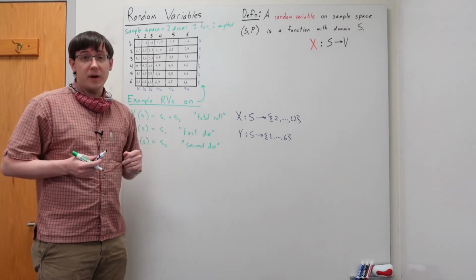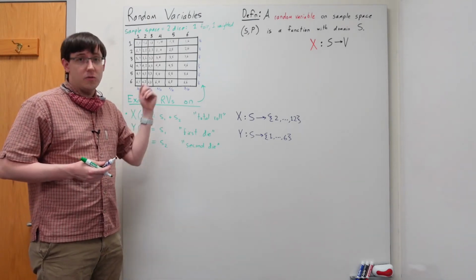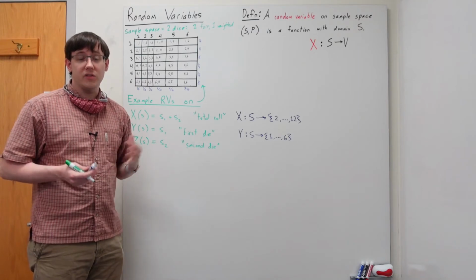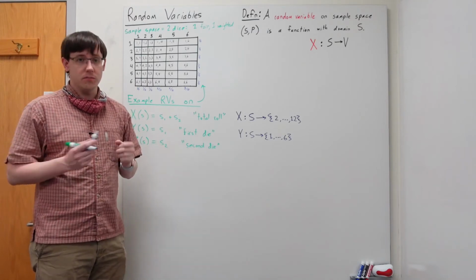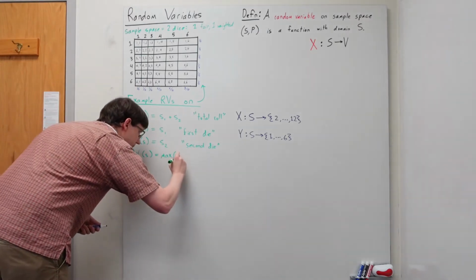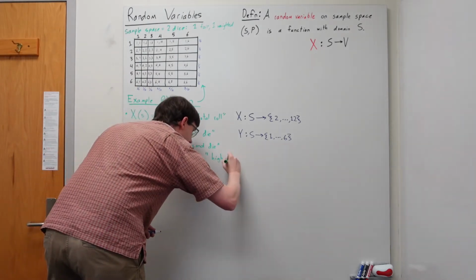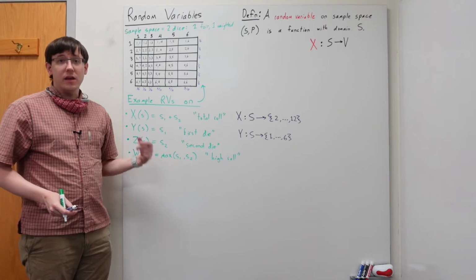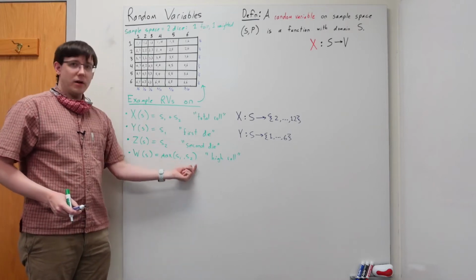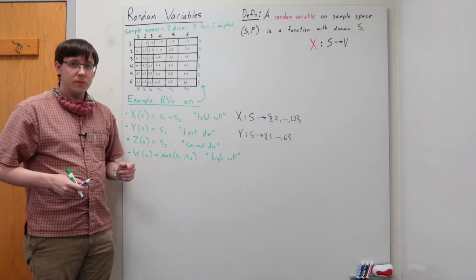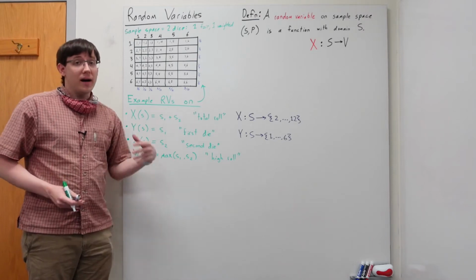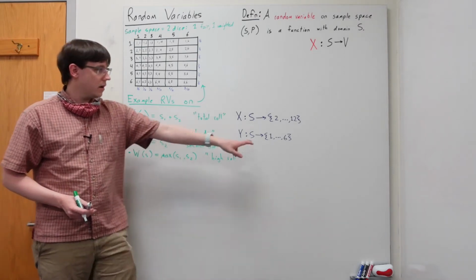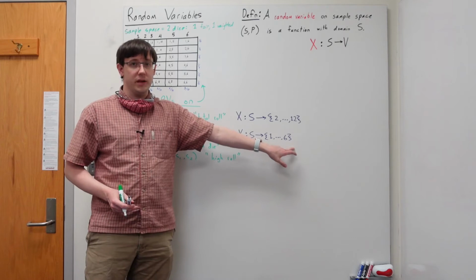But an example that might make sense in terms of rolling dice would be to take the high roll among the two. So this random variable would take on the value of the larger of S1 and S2, but this means that the possible values it could take on are still the numbers 1 through 6.